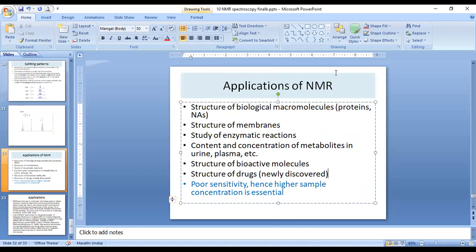Is that clear to everybody? Newly discovered bioactive molecules or drug compounds, याचं स्ट्रक्चर फाइंड आउट करावं लागतं. मोठ्या मोठ्या ज्या कंपनीज हे सगळं काम करत असतात त्यांना. ओके, so for that particular application NMR is a very very useful device, okay, to find out the structure of molecules.